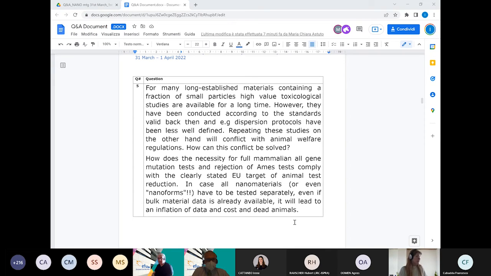I presented a slide and also my colleague Agnes was explaining why. If you have the possibility to demonstrate that the material tested in the past has been produced in the same way as the material which is on the market, this is one possibility, and that its physicochemical characterization is in resemblance of the material which is now on the market, this would be considered.